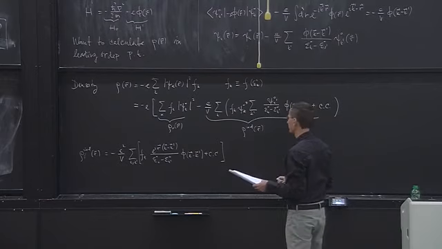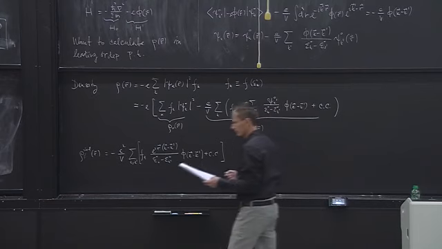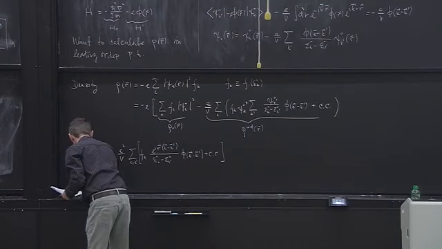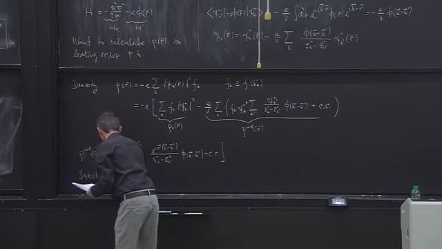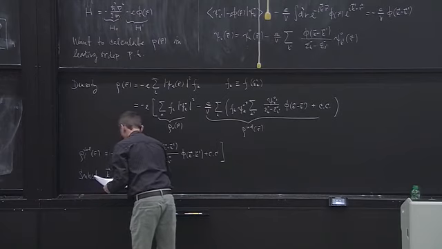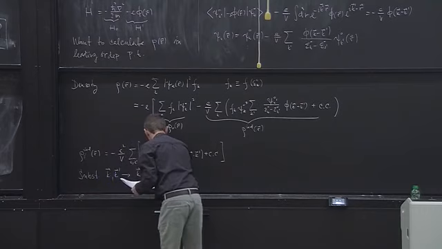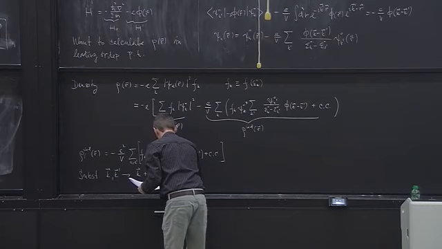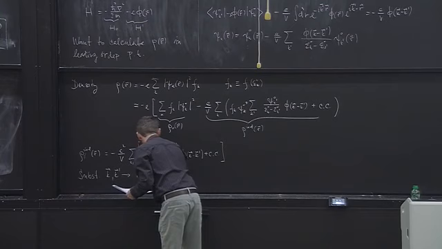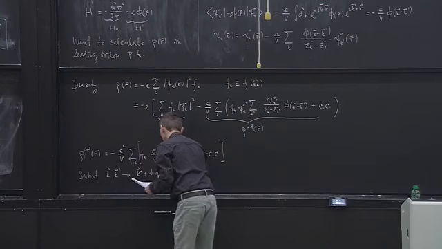Now it's just massaging these terms to some more convenient form. So I perform a substitution. I go from k and k prime into capital K plus 1/2 q and capital K minus 1/2 q.